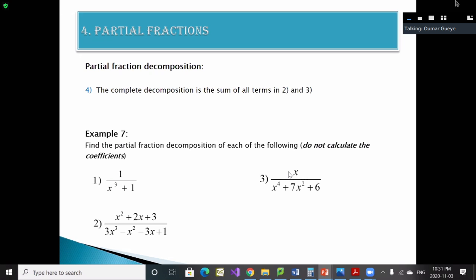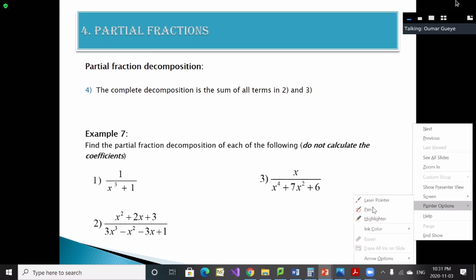Since we have polynomial over polynomial, and the degree of the numerator, 1, is less than the degree of the denominator, which is 4, the two conditions are satisfied. So we don't need to do any long division in this case. We can start by factorizing the denominator. That's exactly what the first step says.